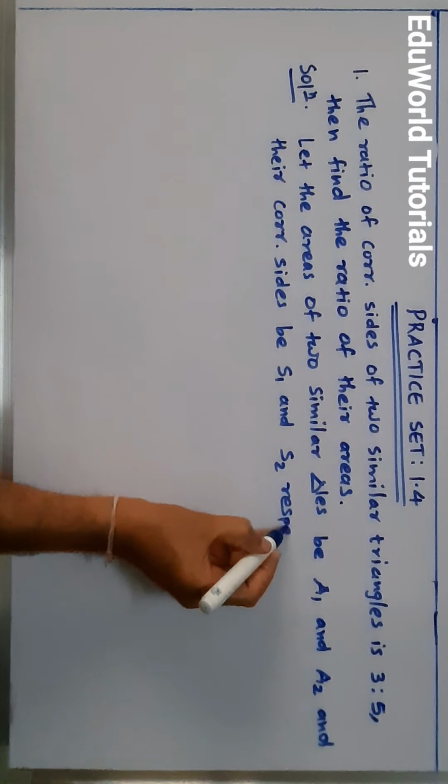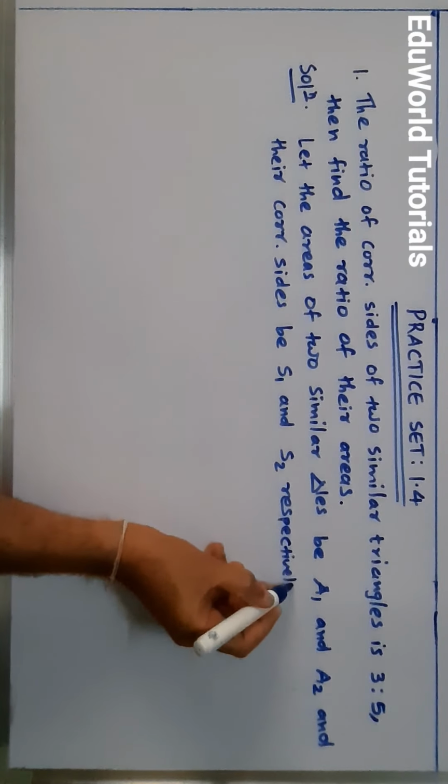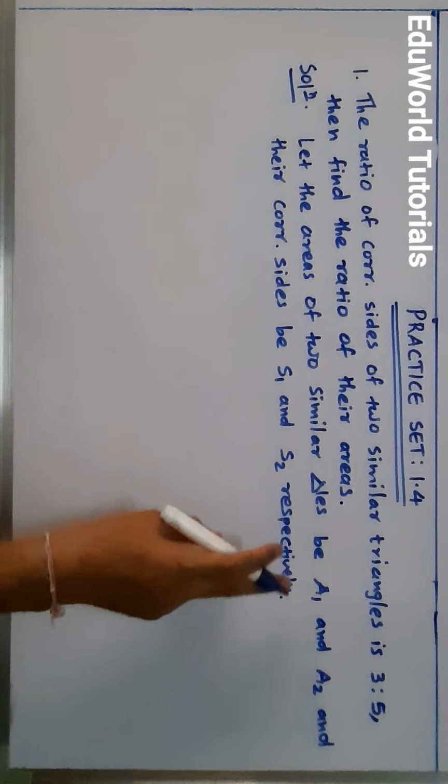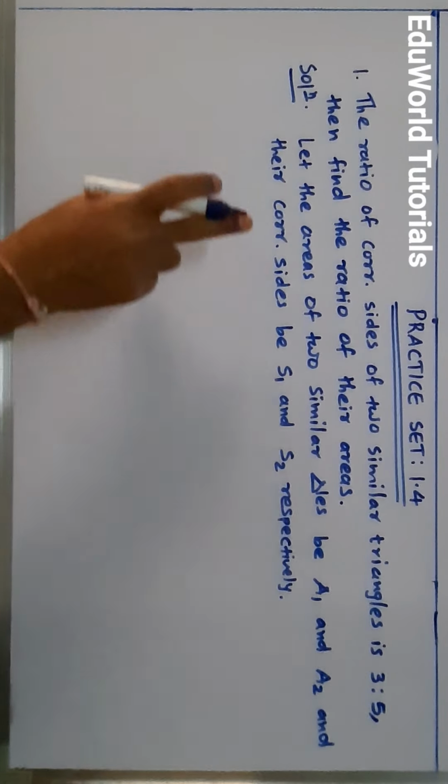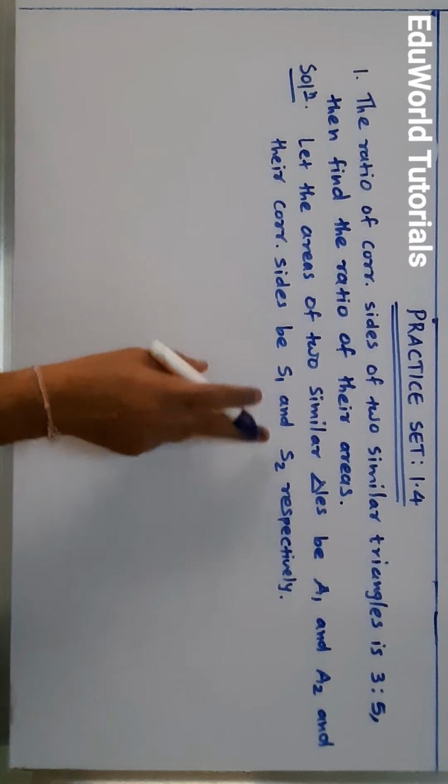We will minimize our work by just writing the areas as A1 and A2 for the two similar triangles and corresponding sides as S1 and S2.